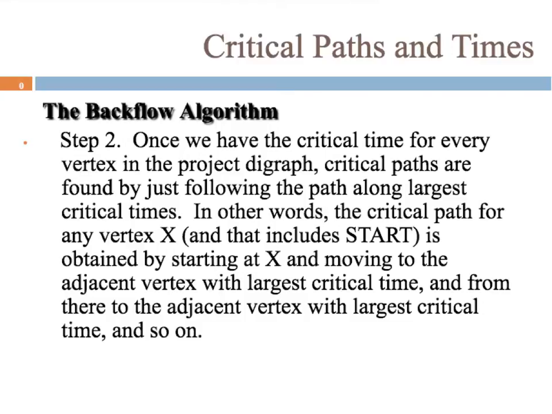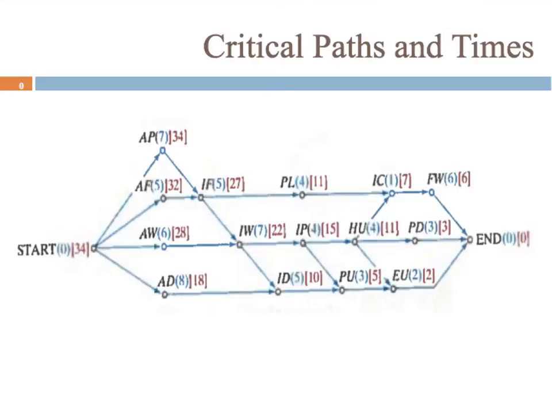In other words, the critical path for any task, or vertex X, is obtained by starting with that task and moving to the adjacent vertex with the largest critical time, and from there to the adjacent vertex with the largest critical time again, and you keep repeating that. So here's the large example already worked out, and we're going to work out some examples slowly here, just to illustrate the idea for you.